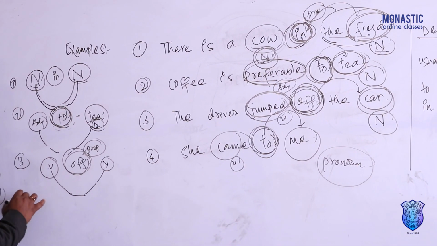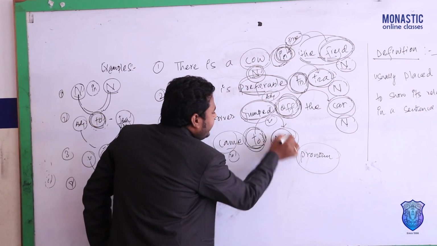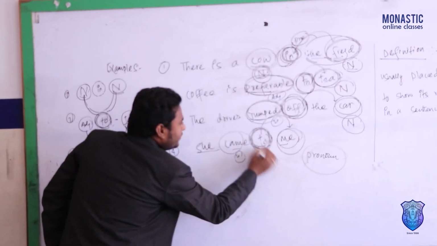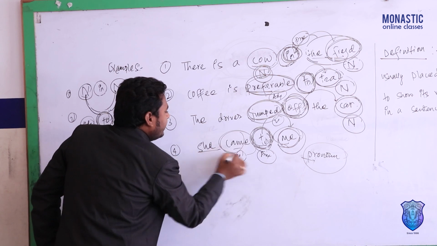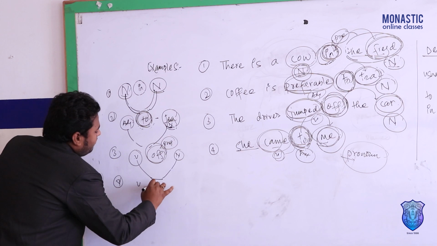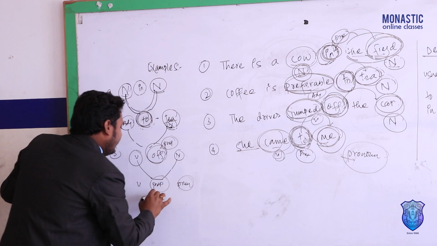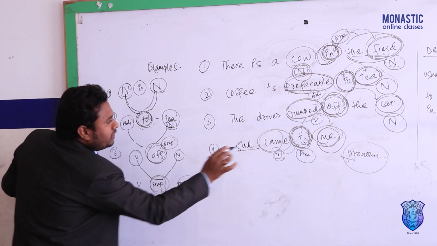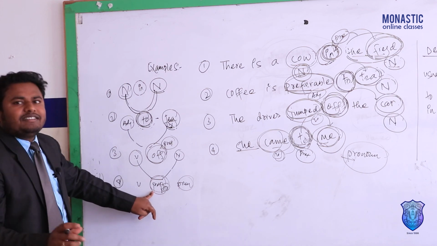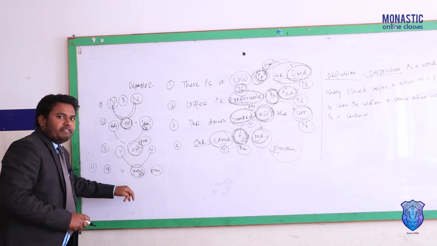In the fourth example, we can see, she came to me. So to is our preposition, me is our pronoun, came is our verb. Here the preposition to shows the relation between the verb and the pronoun.